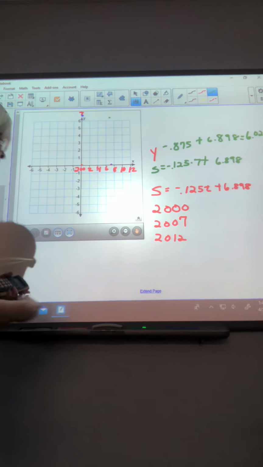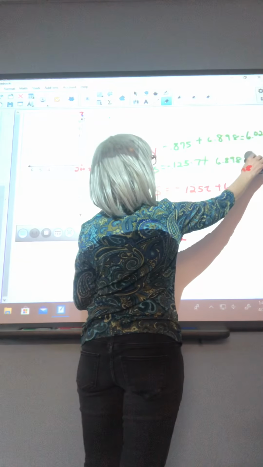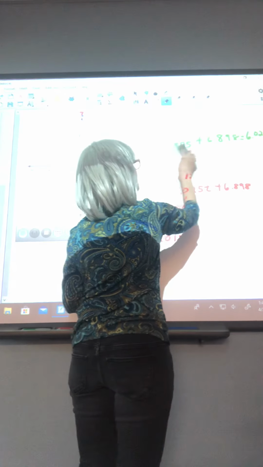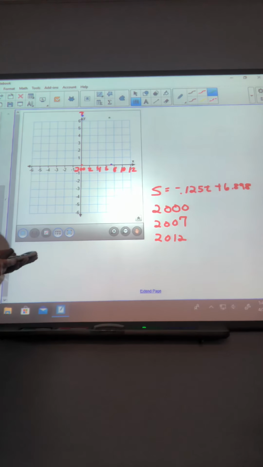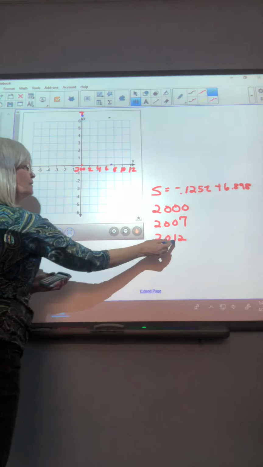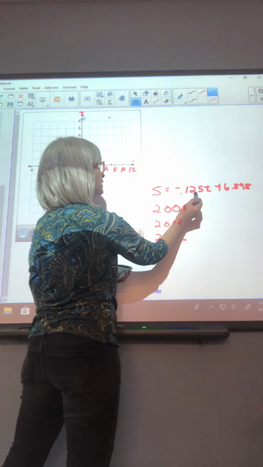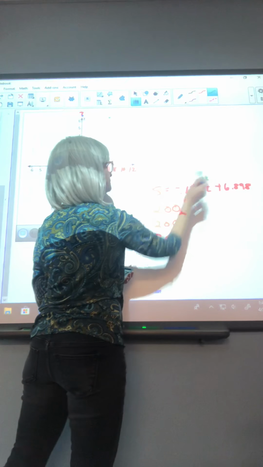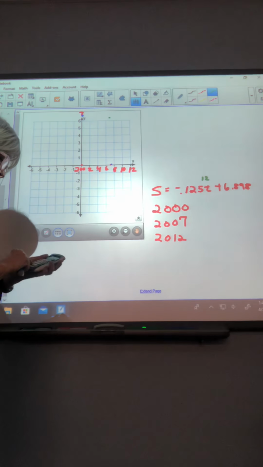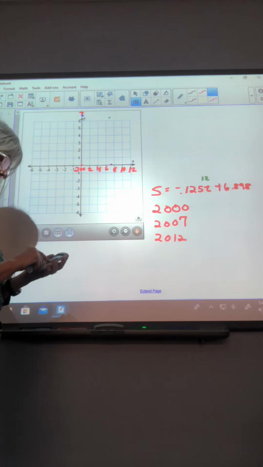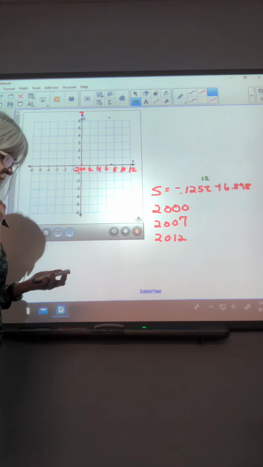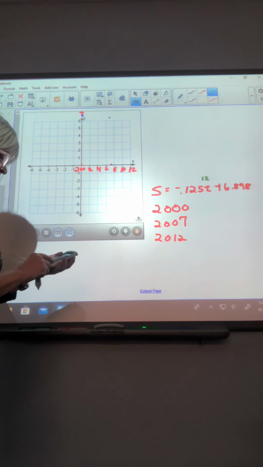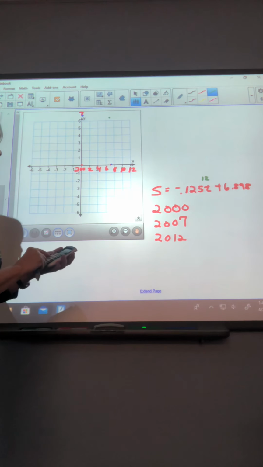Okay. And then 2012. So 2012, that would be 12 years. So we're going to multiply 0.125 times 12. That gives us 1.5, then we're going to add to that 6.898.